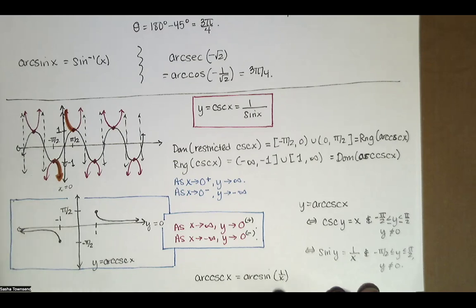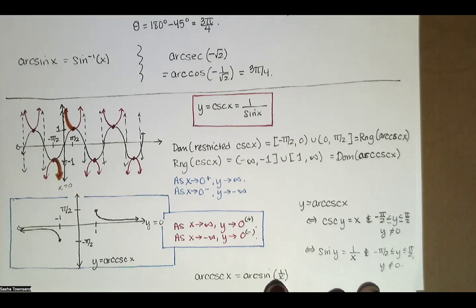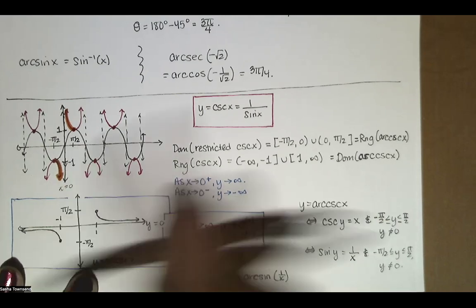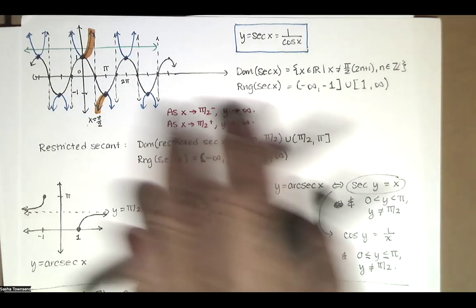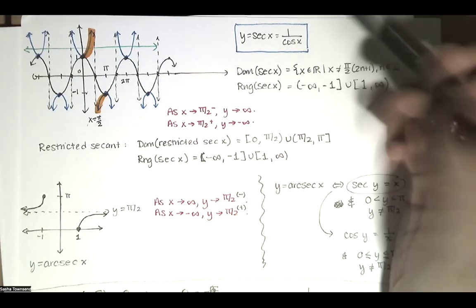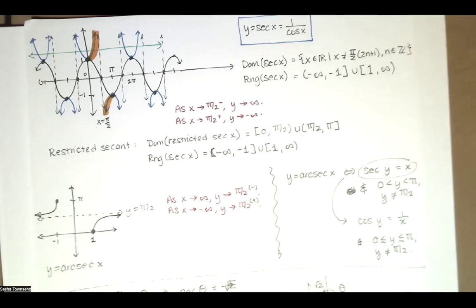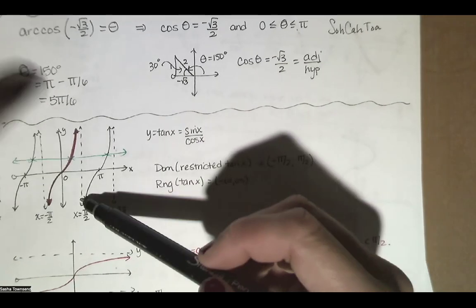But we can find those in terms of these because we choose the same restriction of the cosecant function that we choose for the sine function. And because we choose the same restriction of the secant function that we choose for the cosine function because of that relationship. And the same is true for tangent. Tangent, we chose this interval from negative pi over 2 to pi over 2.